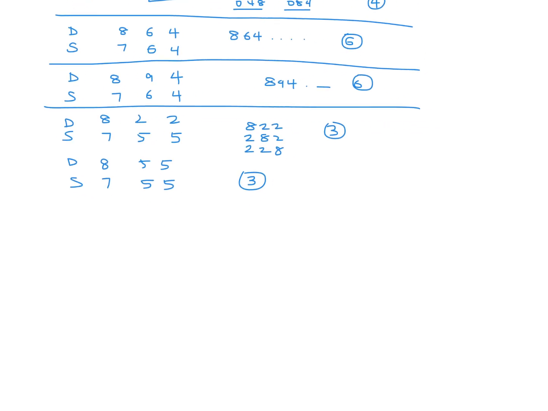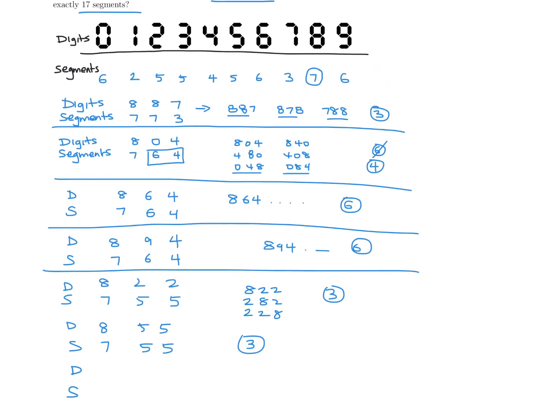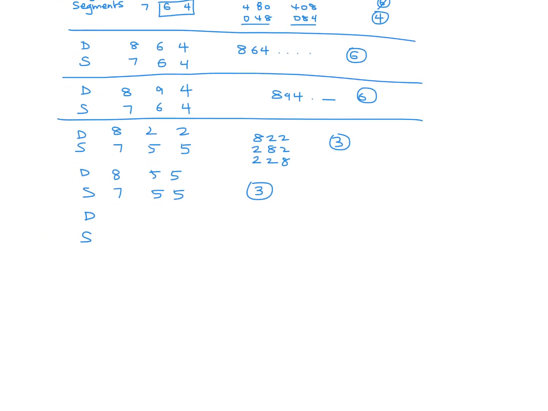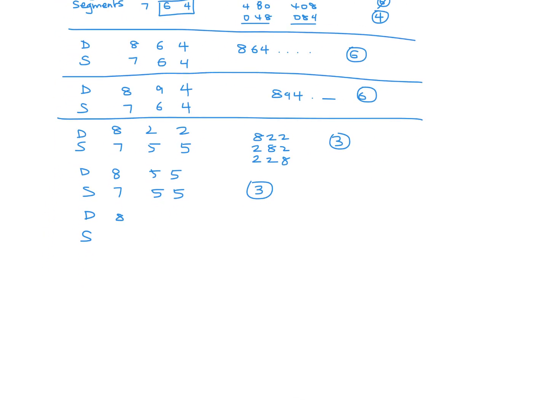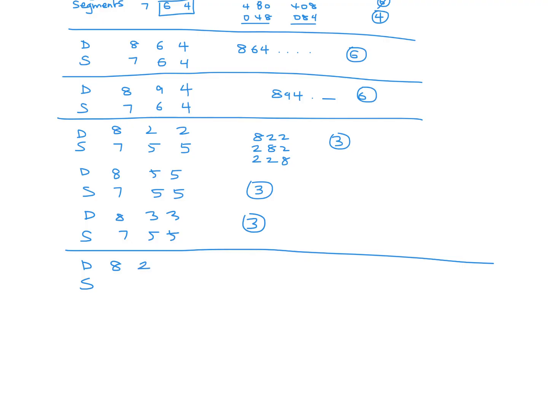And then if I use 8, what is 3 here? 3 is 5 also, right? So 8, 3, 3. Yeah, 8, 3, 3. That's another 3. And then we have a whole bunch of ones where you have 8, but then you have different numbers. So 8, 2, 3.